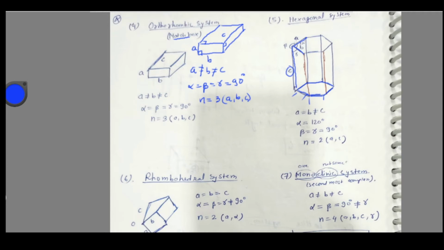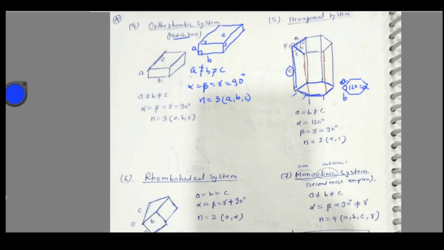And the angle between A and B, that is alpha, is 120 degree. So any angle of the hexagon is 120 degree.